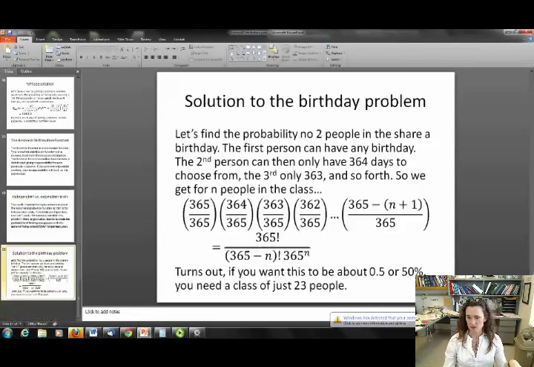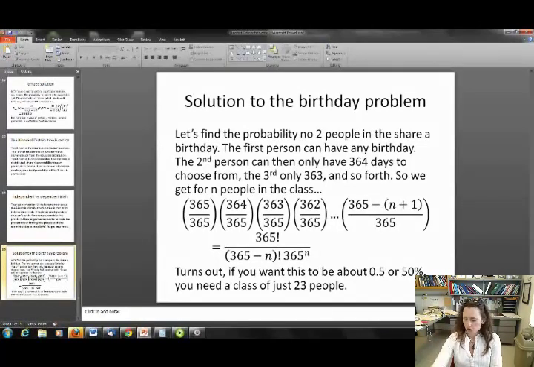If you can figure out what the probability is that no two people have the same birthday, then the probability that somebody does have the same birthday is just 1 minus whatever that number is, okay? So let's figure out something that's slightly easier. Let's figure out the probability that no two people in a specific class share the same birthday.